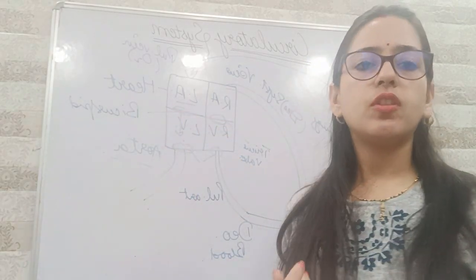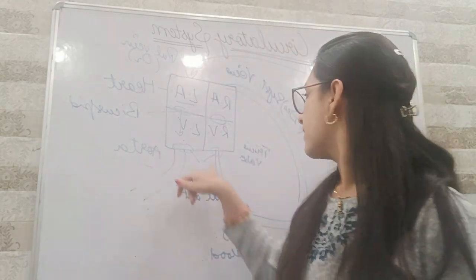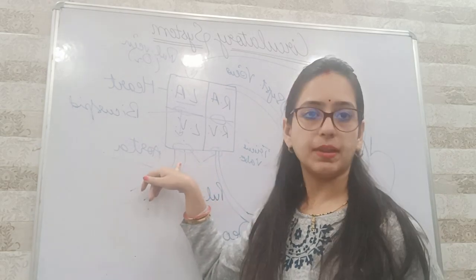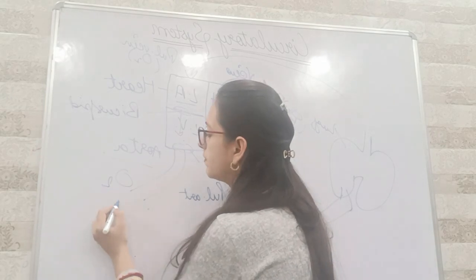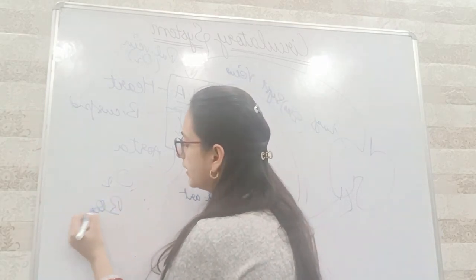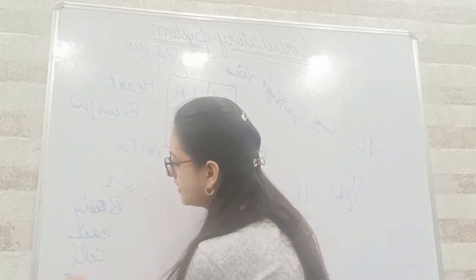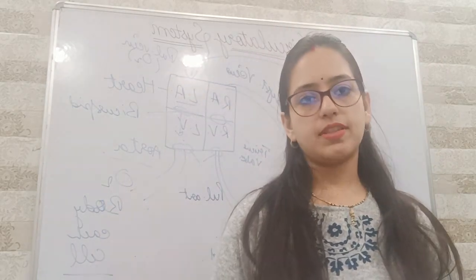The tricuspid valve and bicuspid valve are atrioventricular valves, and the pulmonary semilunar valve is also a semilunar valve. Now from the aorta, the oxygenated blood goes to the body, to each cell.